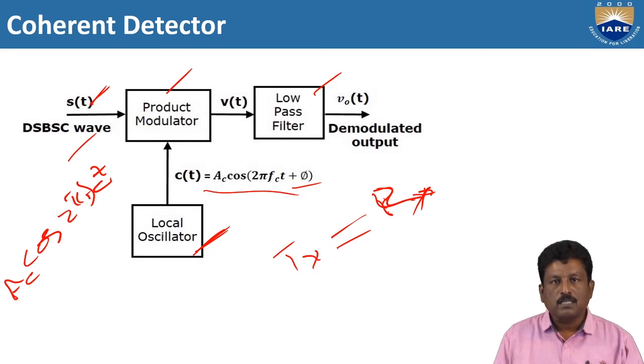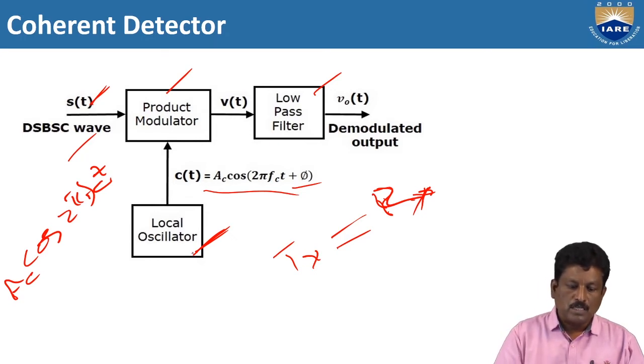The local oscillator, I think, is a circuit combining capacitors, inductors and resistors. Due to the temperature effect inside the circuit or the tolerance values of the capacitors and inductors, we are unable to generate the exact carrier frequency using the local oscillator.